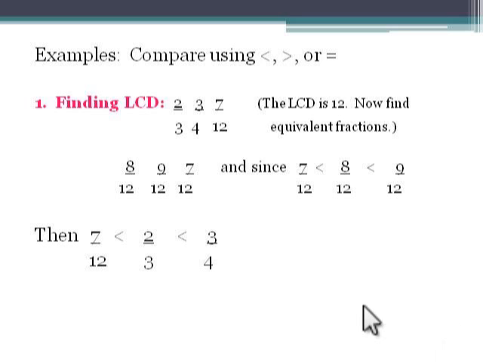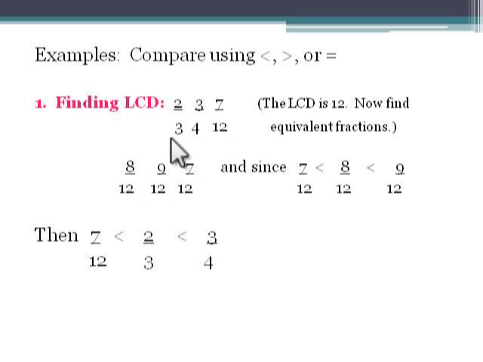Here we want to compare, so that means using less than, greater than, or equal to, these three fractions: 2/3, 3/4, and 7/12. The least common denominator of these three would be 12. So we're going to write equivalent fractions.